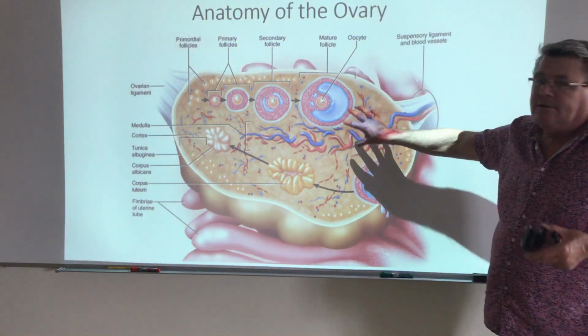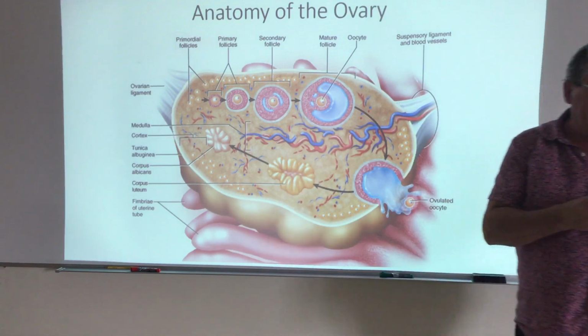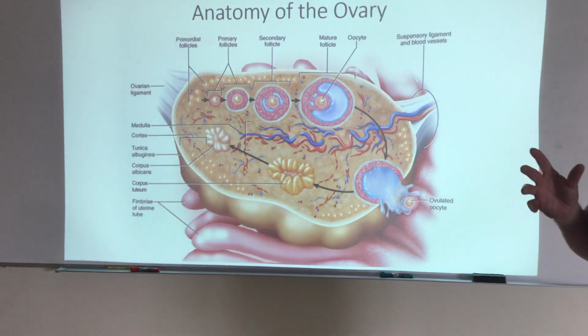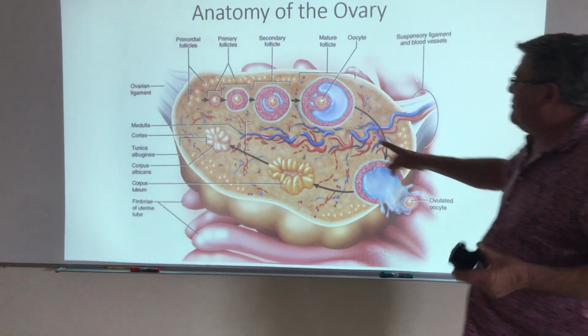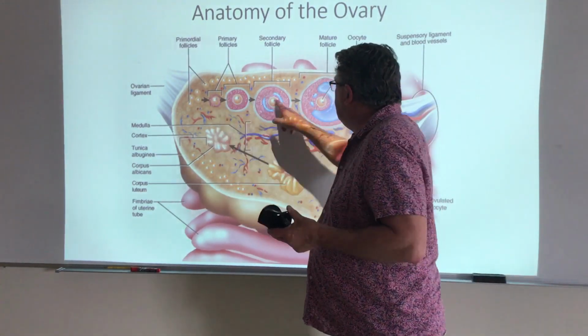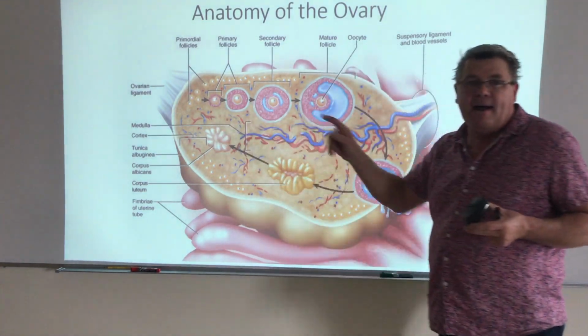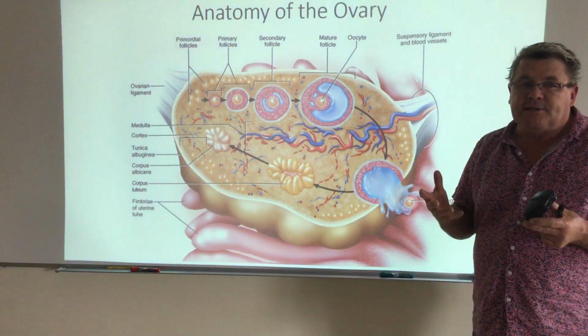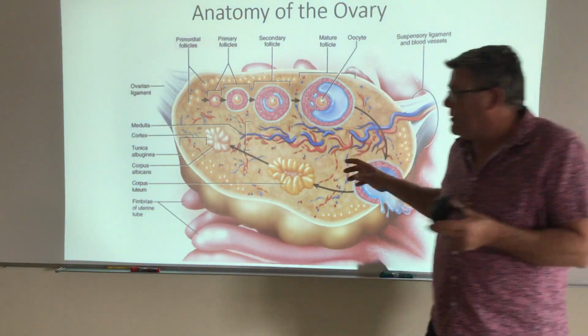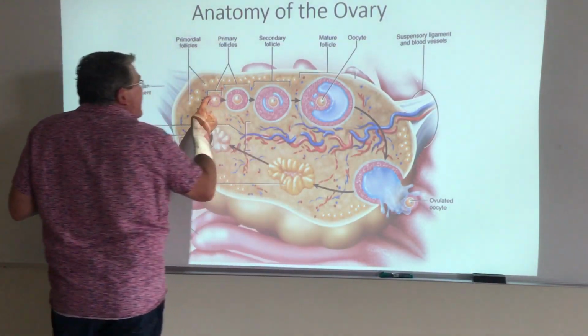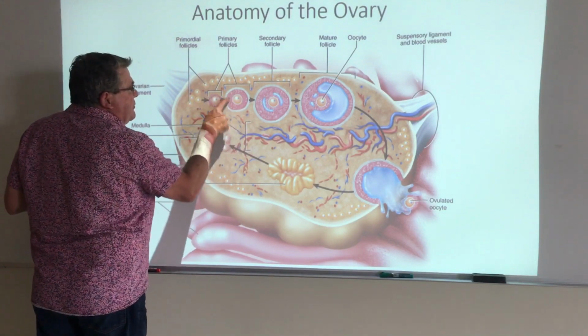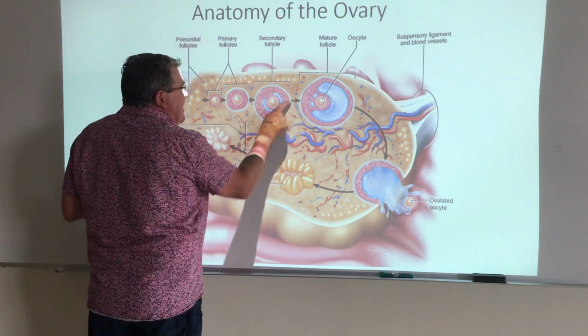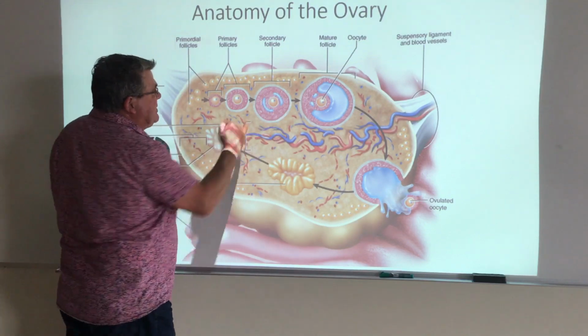This is a standard variation on what you see in a lot of textbooks. It's a time lapse. So these arrows don't mean that this structure is migrating through. It means this is what happens as time progresses. Here we've got our follicle, more follicle cells due to the FSH.